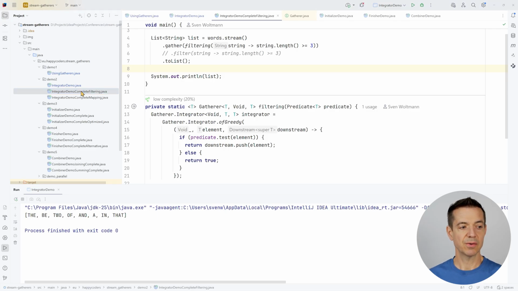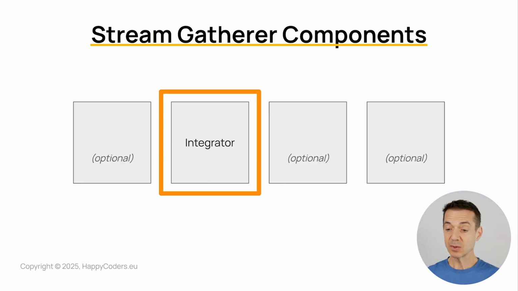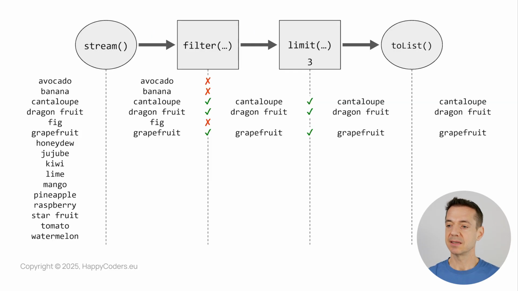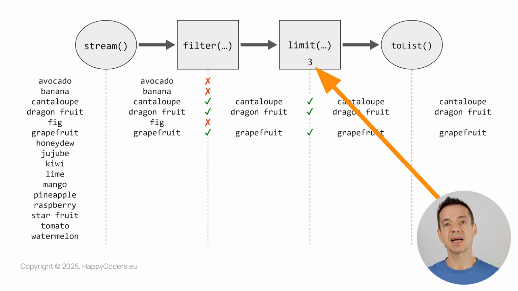Back to the slides. That was the integrator, and that was also the most important central component of a gatherer. The other components are used for stateful and parallel gatherers. In the next demo, I'll show you how to create the limit operation that was part of this animation, and it had a counter here to terminate the stream early once the desired number of elements was reached.